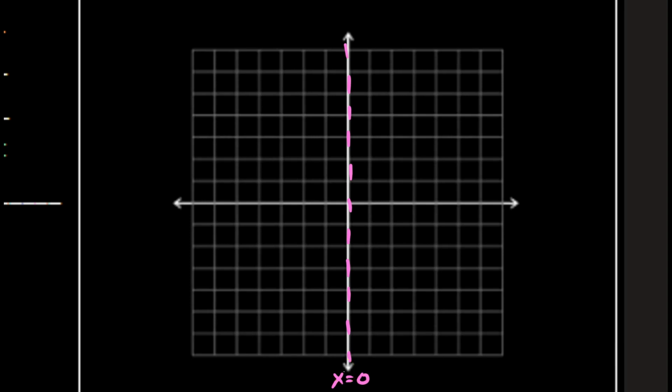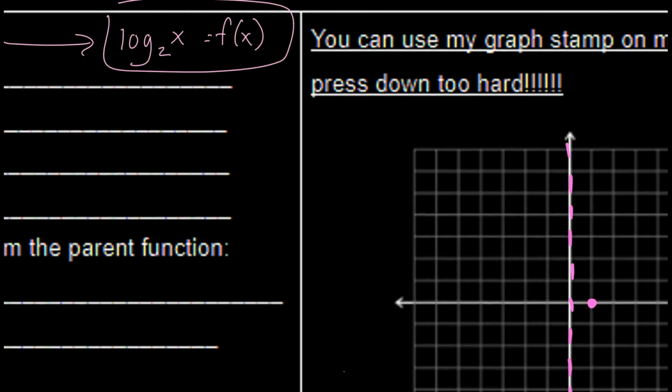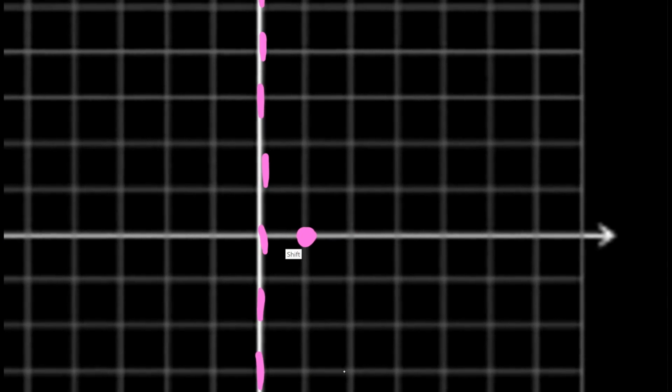Now, on the parent function, from the asymptote, your first perfect point is over 1 on the x-axis. So my first perfect point for the parent graph is over 1. Then, the next point after that is determined by your base. So what was our base in this case? 2. So that means from the asymptote, you go over 2 because our base is 2, and you always go up 1.